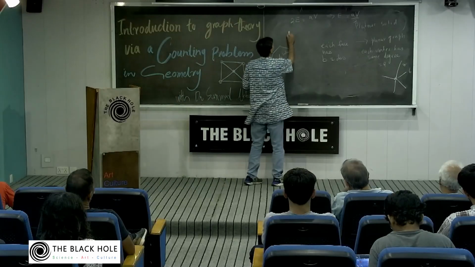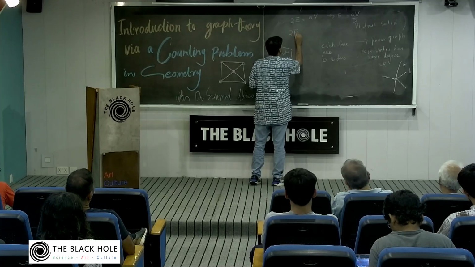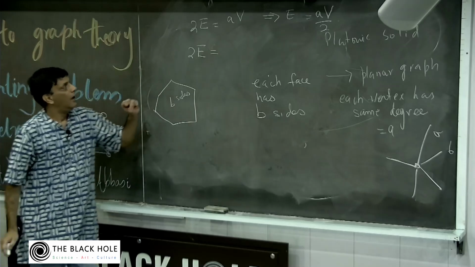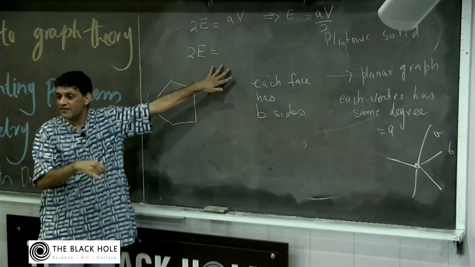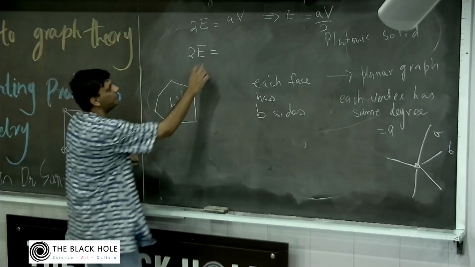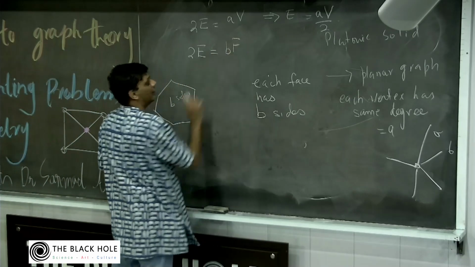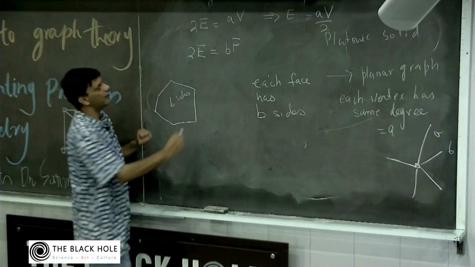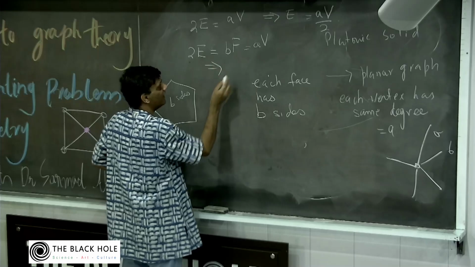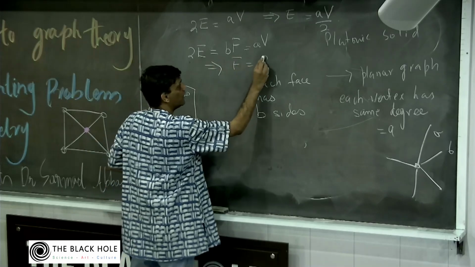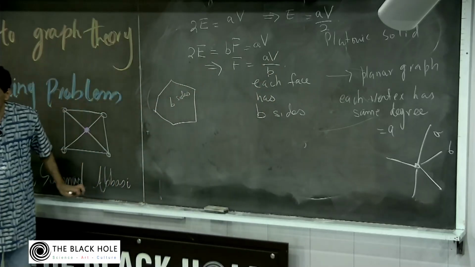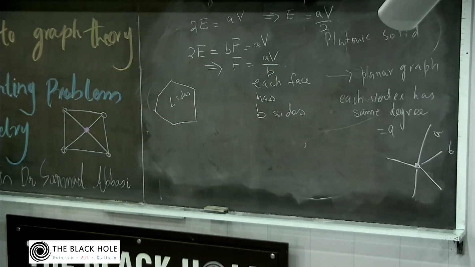But remember that the sum of the sides of the faces is also twice the number of edges. So this is B times F, all right? But twice the number of edges is AV, so this tells me that F is equal to AV over B. Okay? Yeah, so this is the information I have.